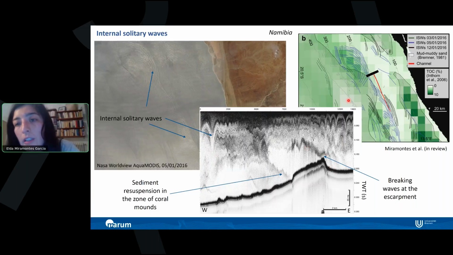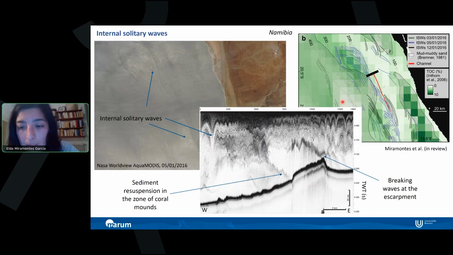And concerning sedimentation, in the area where we see this strong interaction of internal waves and the seafloor, we have coarser material and also less organic matter. And in between, in the areas that are a bit calmer without such a strong interaction, we have mud deposits and more accumulation of organic matter.